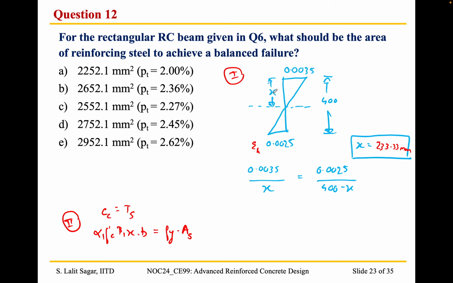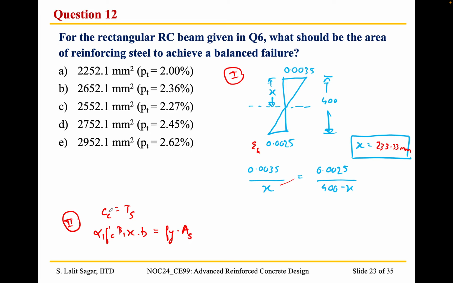By the principle of similar triangles, we write this equation: 0.0035 by x is equal to 0.0025 divided by 400 minus x. Here 400 is the effective depth. So we obtain the value of the neutral axis for a balanced failure for this particular section.